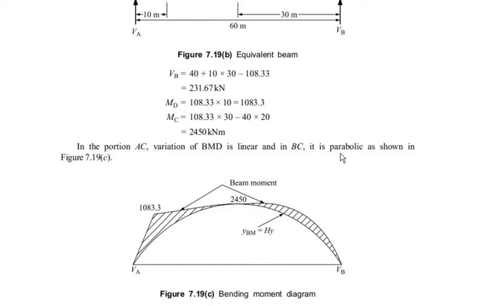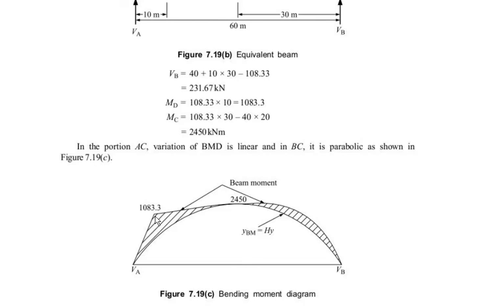And in BC it is parabolic because UDL is acting there, and this is the shape of the bending moment diagram up to this 40 kilonewton load. At this 40 kilonewton load, the value of the moment is 1083.3.